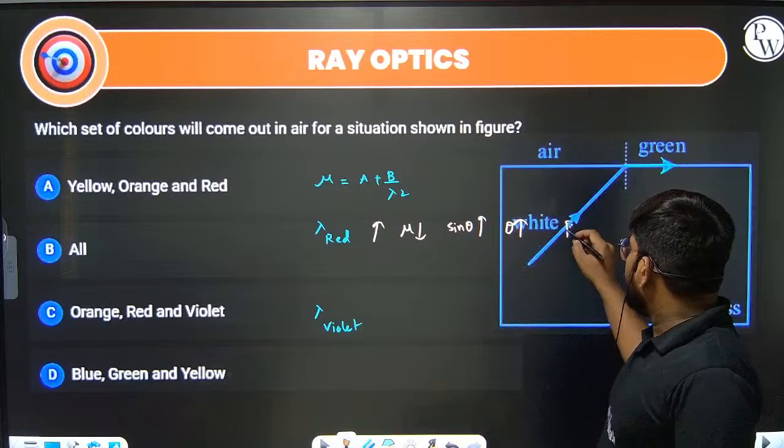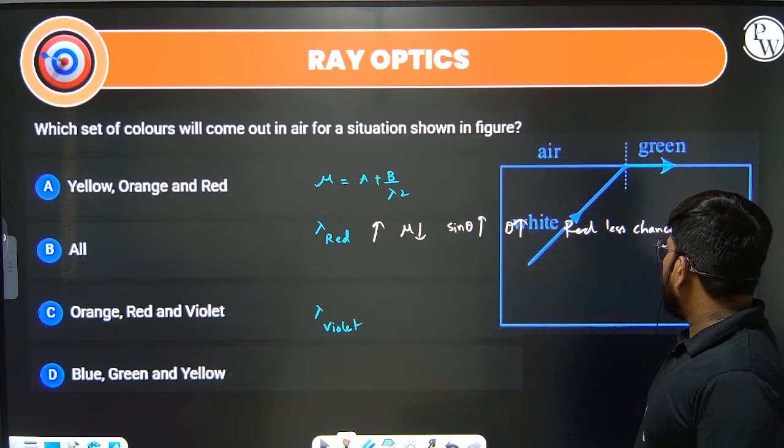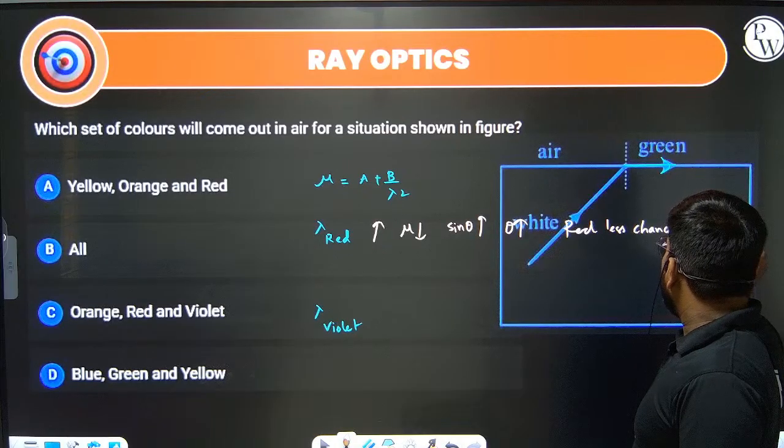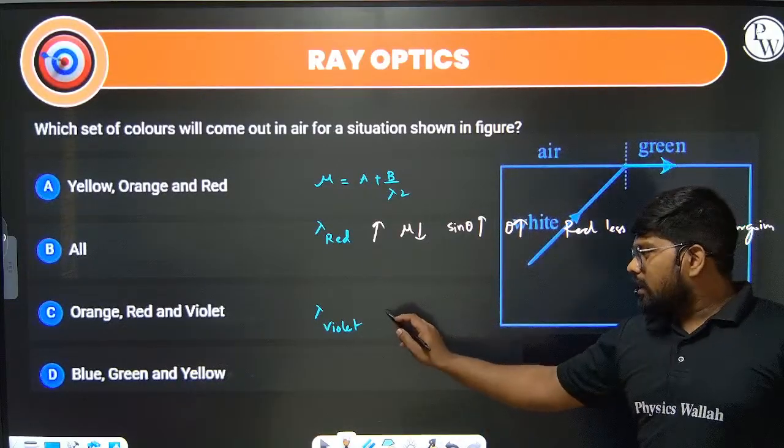So red has less chance of undergoing TAR, and the violet side has more chance.